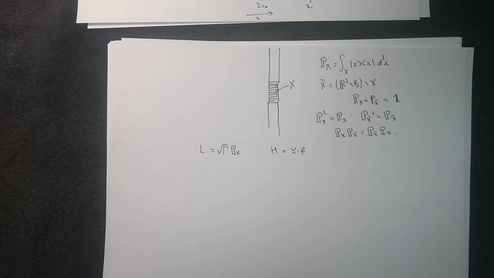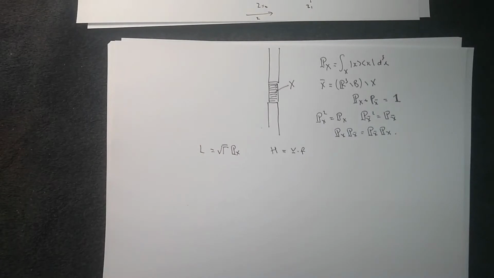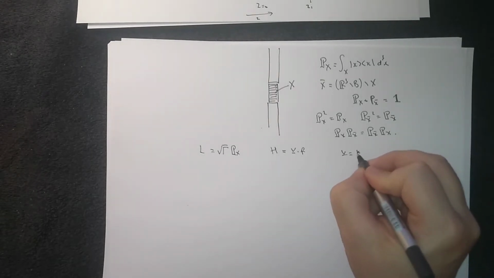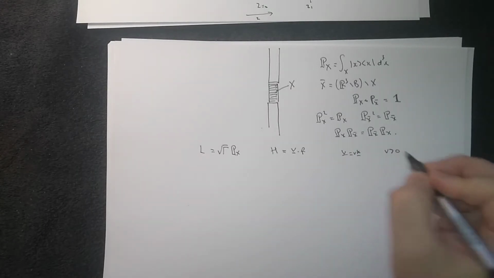We'll be interested in the free particle Hamiltonian, but this will give us an idea of how the Lindblad operator affects the evolution of the density matrix. So we'll take v to be v times the vector k, with v greater than 0.